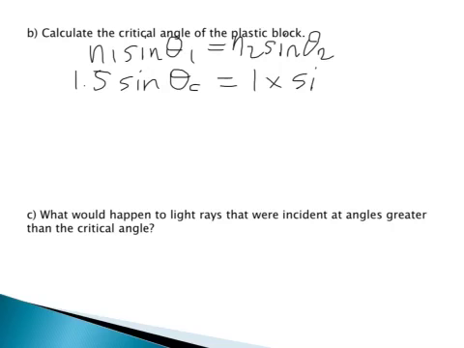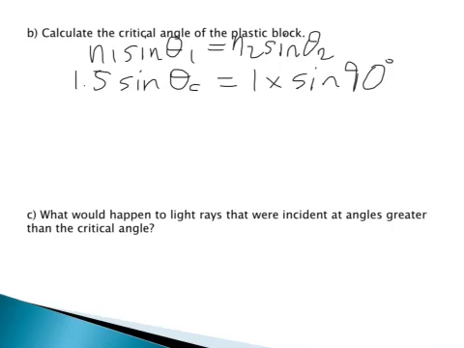Now it's sine 90 degrees, because at the critical angle, of course, the light emerges along the boundary, 90 degrees from the normal line. And you may know that sine of 90 degrees is equal to 1. So that simplifies the entire right-hand side of the equation to just the number 1.